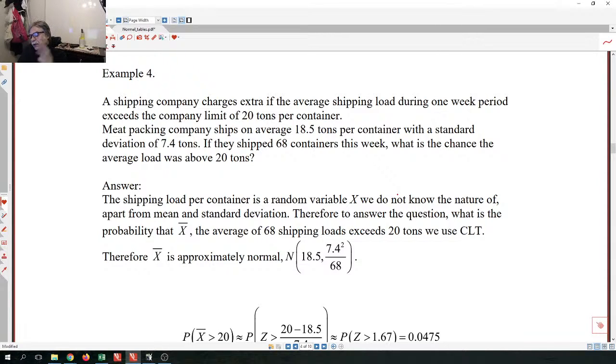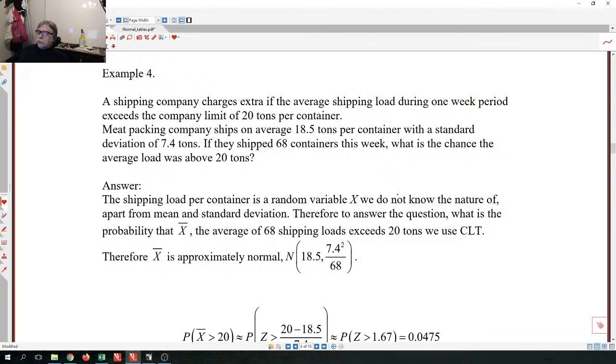Occasionally you have something a bit above, something a bit below. So they have a contract in which they will charge more if the average during 1 week is above 20 tons.